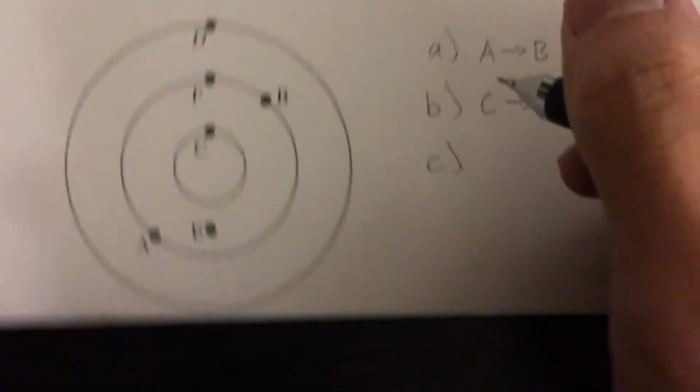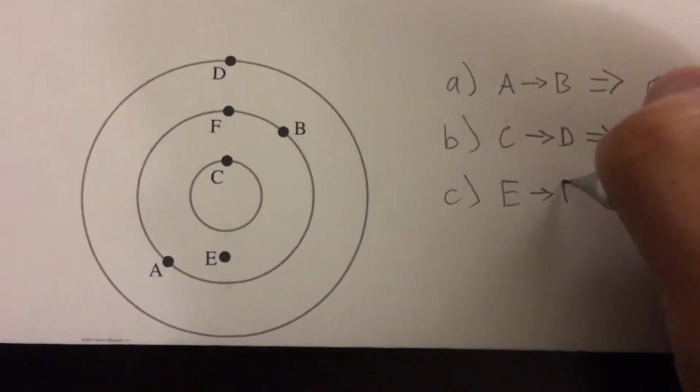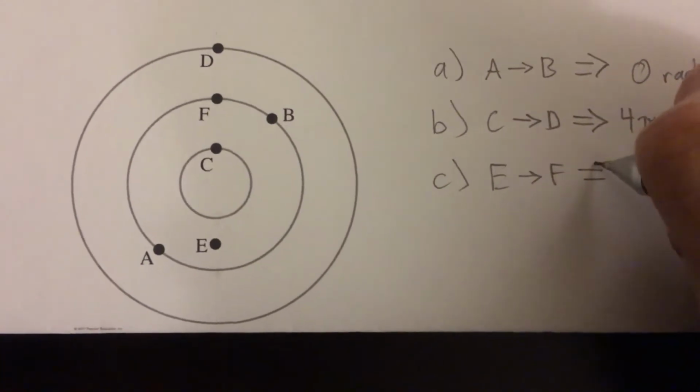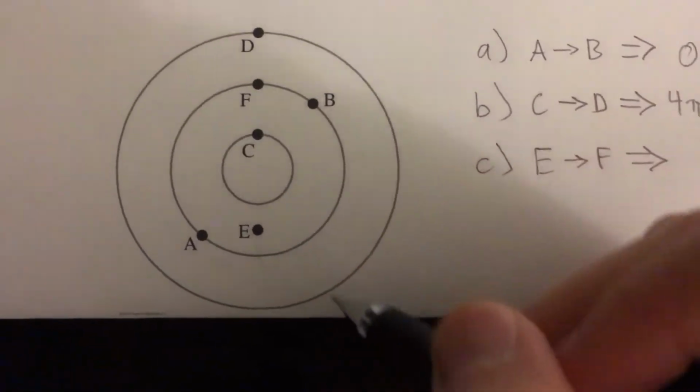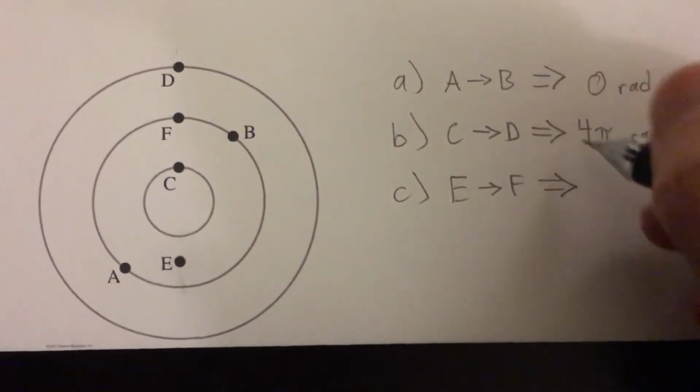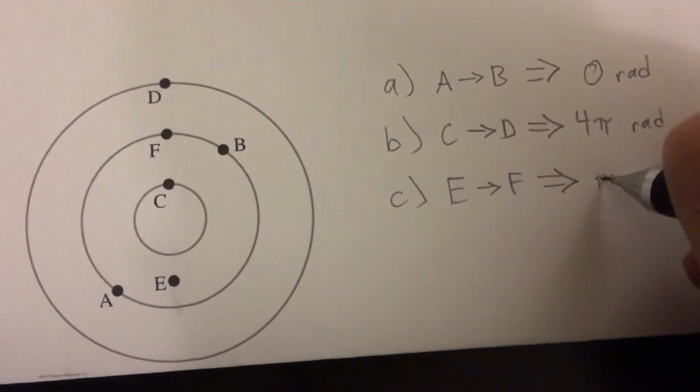And for part C, we're asking for the phase difference between E and F. And since we're going to say that's roughly half a wavelength, 1 full wavelength is 2 pi radians, so we're just at pi.